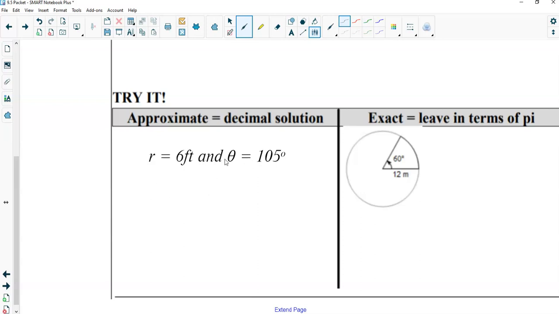So first we want to find theta, and theta divided by 360 degrees times the area of the circle. In this case it is pi r squared, and that's going to give you the area of the sector.